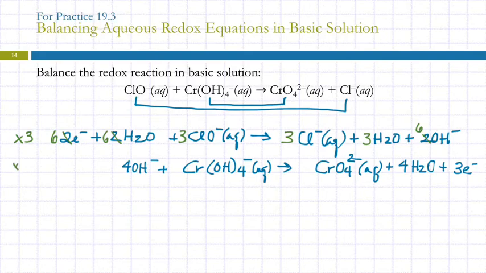Take this bottom one, I'm going to multiply by 2, because if I take 3 electrons and multiply by 2, I'm going to get 6 electrons, and that's the goal. So multiplying by 2, I get 8 hydroxides, and 2 of those ions, and 2 of these ions, and 8 water molecules, and 6 electrons. And we're going to add things together.